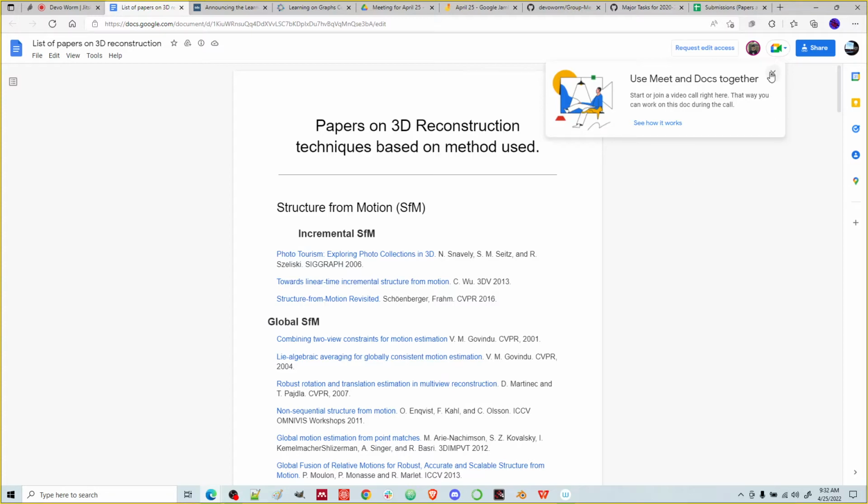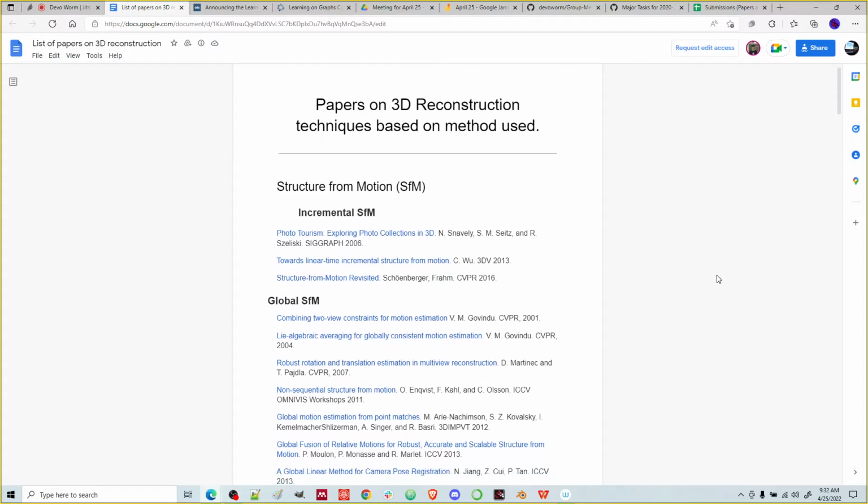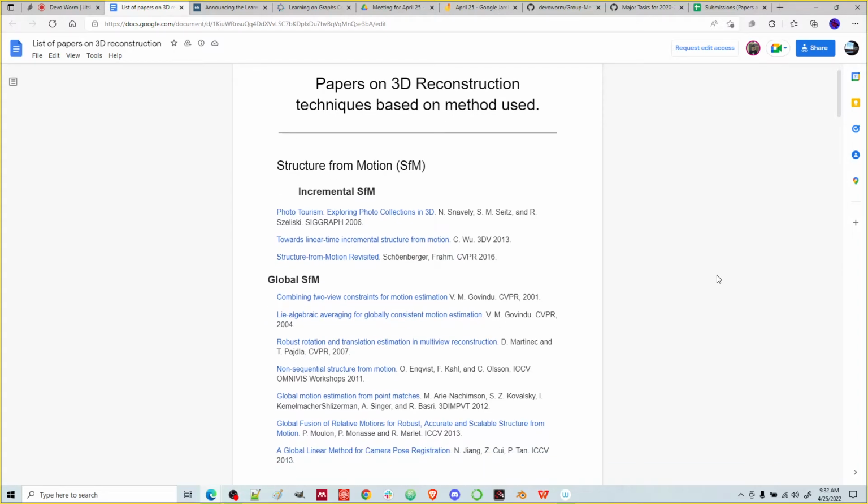Current SFM techniques are used for drone mapping, open source software, drones which take a lot of images and then construct a 3D model of whatever area they have covered, area mapping drones. Similarly, this is a list of different ways people have approached reconstructing 3D models. While I was going through my axolotl embryo, I was looking for ways to reconstruct the model, and I got this list of methods.